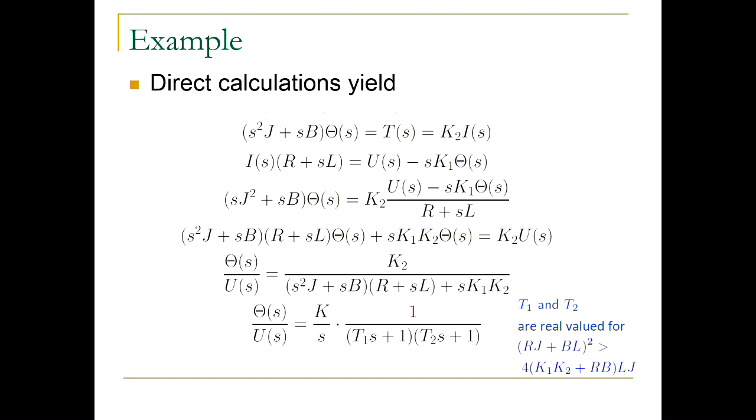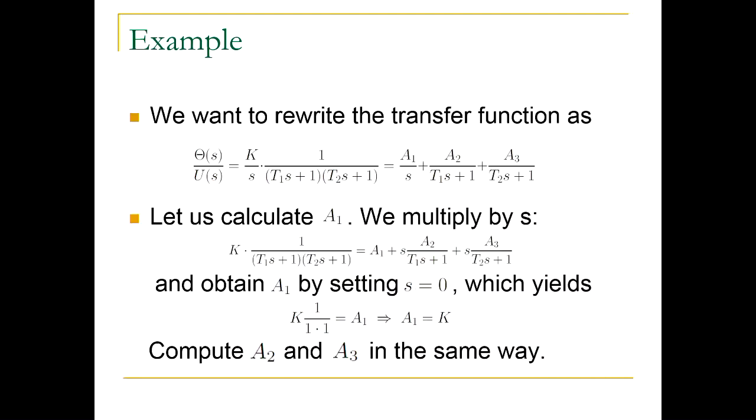So now we have a representation. If we assume this holds, then T1 and T2 are real, and this is my transfer function that I need to deal with. So now we need to apply partial fraction expansion. What's a partial fraction expansion? It's basically representing all of this as a sum of these three terms.